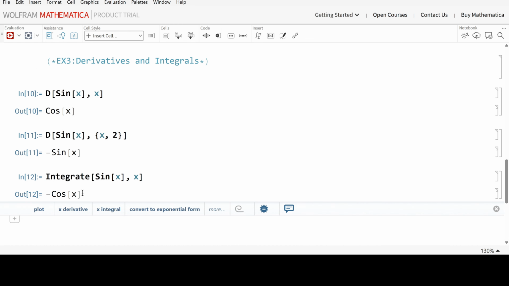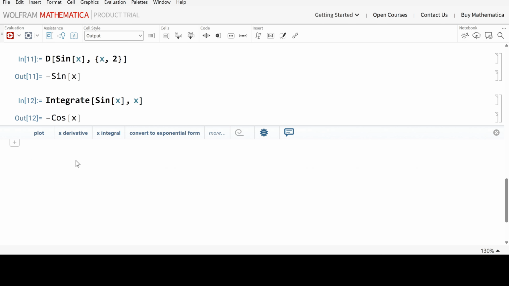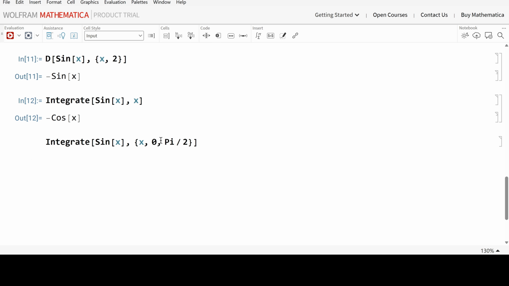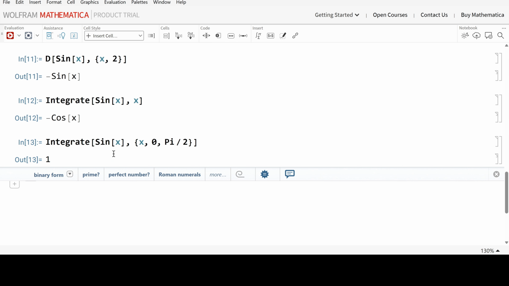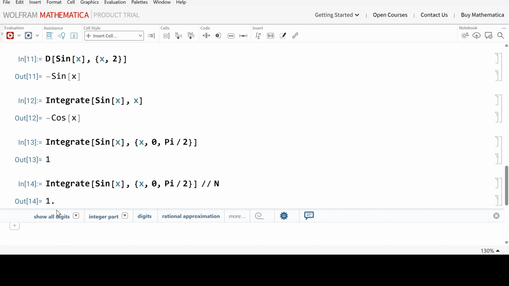For definite integrals, we specify the limits. Integrate of sine x from 0 to pi over 2 equals 1. And that's the exact symbolic result. If we use /N, Mathematica converts it to a floating number, 1.0. When an exact formula is impossible, we can use NIntegrate.